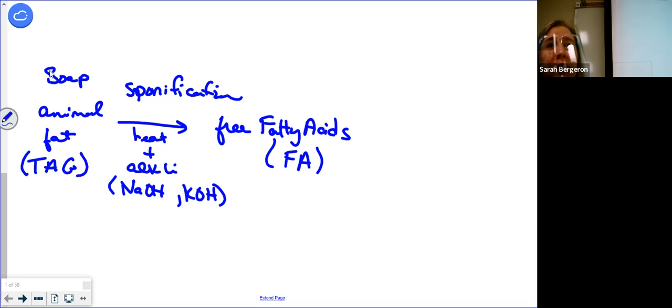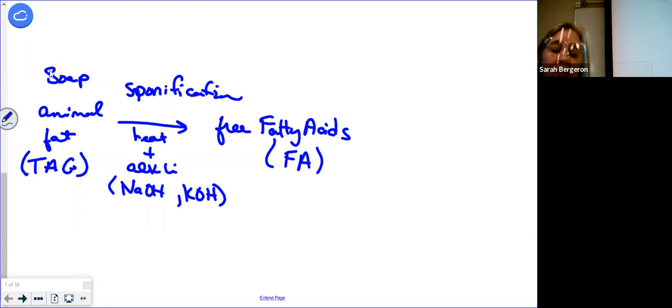You know what glycerol is? Okay, so each carbon of the glycerol molecule is bound to a fat. And so it's no longer free, it's bound. And we're going to look at structures. So if that's like a foreign language to you, it's okay. Just know that it's bound in the animal fat form. And then when you go through saponification, you get free fatty acids.